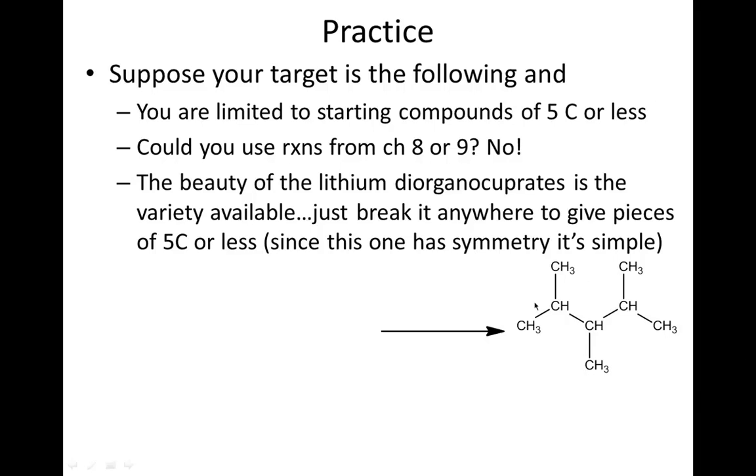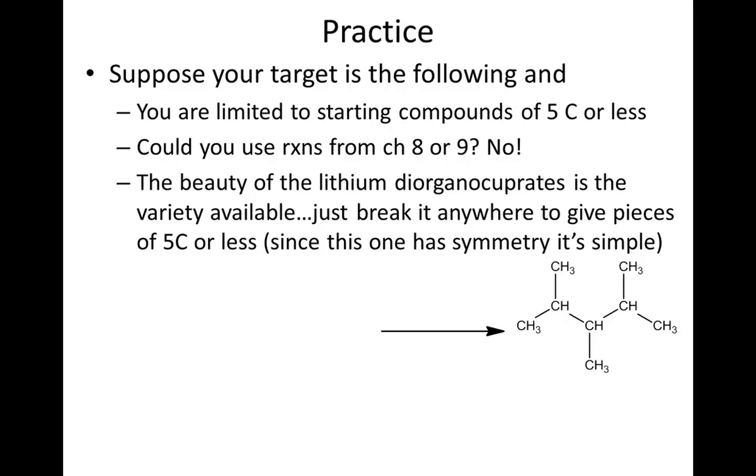And so if this is our target molecule, you wonder, could you use any of the reactions from Chapter 8 or 9? Now, what reactions in Chapter 8 or 9 am I talking about? Well, if you count how many carbons are in here, you have 1, 2, 3, 4, 5, 6, 7, 8, which means that if you're limited to molecules that have 5 carbons or less, there has to be a new carbon-carbon bond somewhere in there, and maybe more than one.